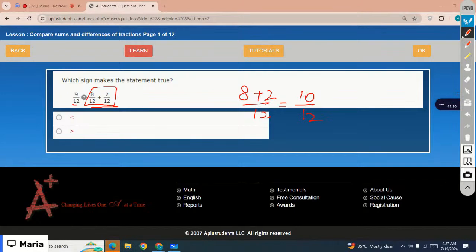So that is 9 over 12 and 10 over 12. You have to compare. They have the same denominator, 12. Just compare their numerators. 9 is less than 10. So 9 over 12 is less than 10 over 12. So the correct option is less than.